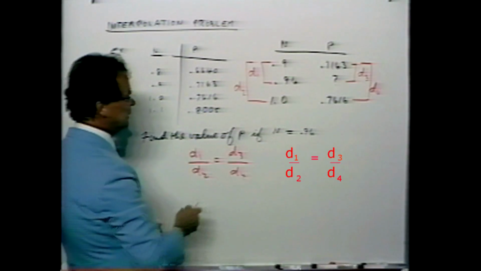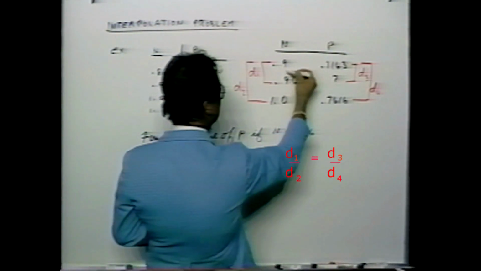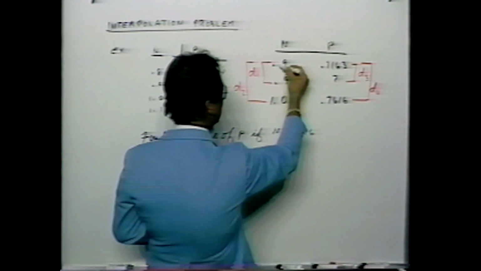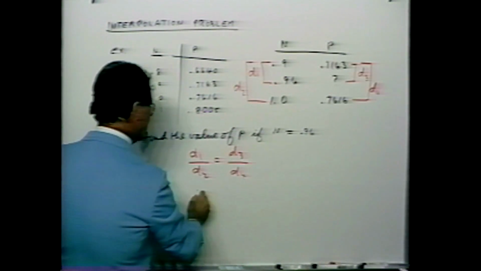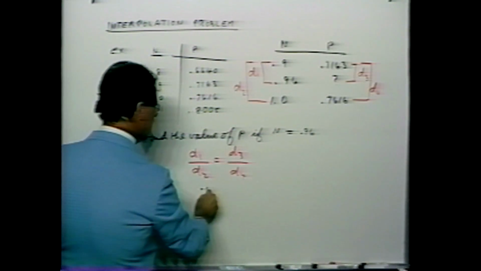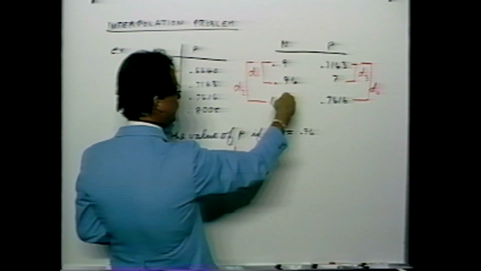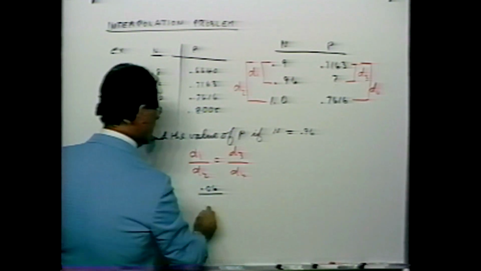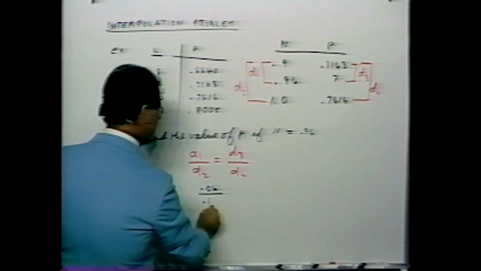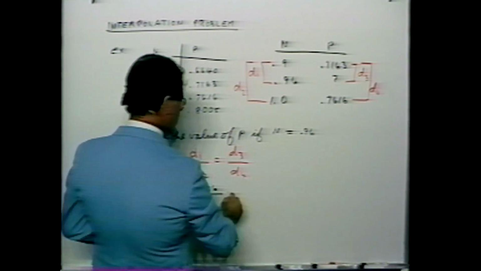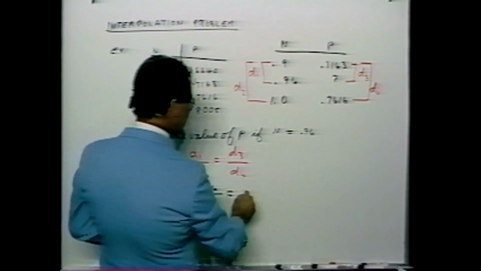So let's do that. The difference, D1, between 0.96 and 0.9 is decimal 0.06. The difference D2 between 1 and 0.9 is equal to 0.1. On the other side, D3 is not known.